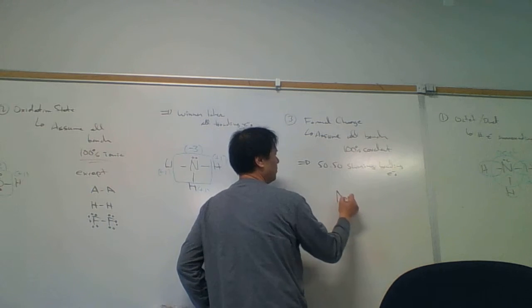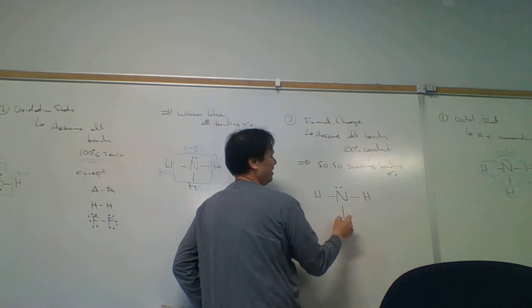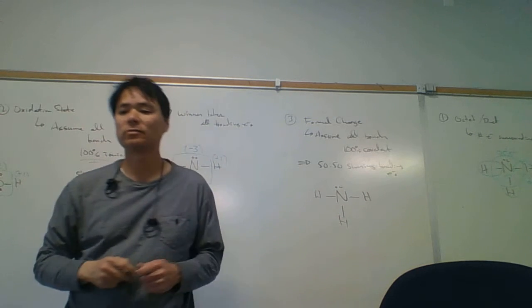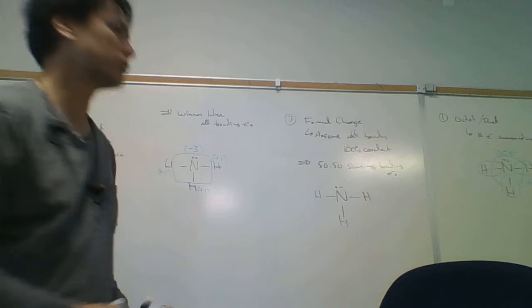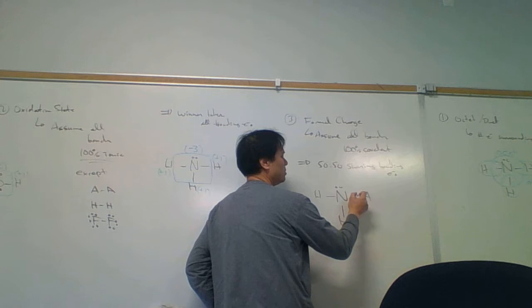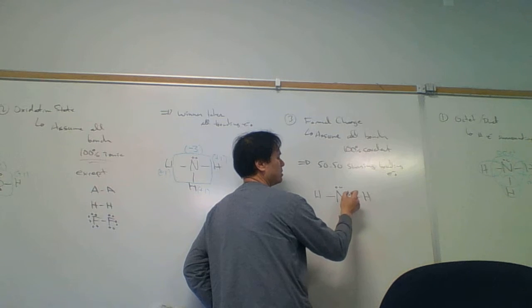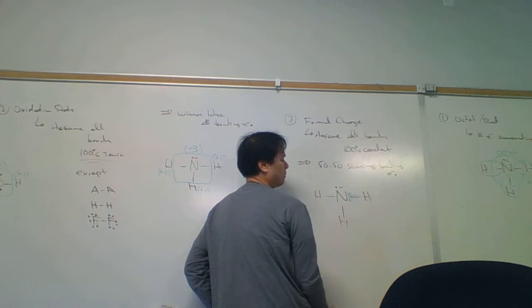So when we look at ammonia, nitrogen is more electronegative, so it pulls the electrons closer to it. The electron cloud would be distorted towards nitrogen because it's going to build up more negative charge density, more electron density over here.